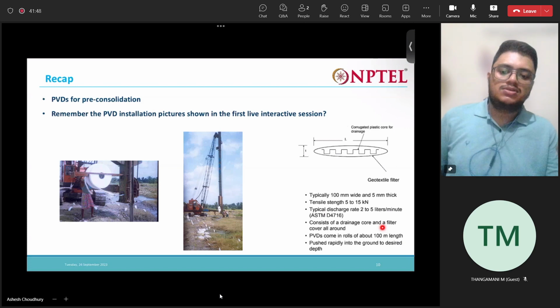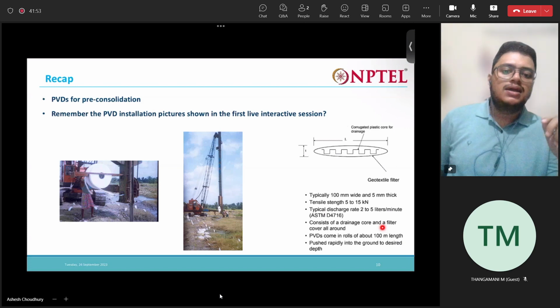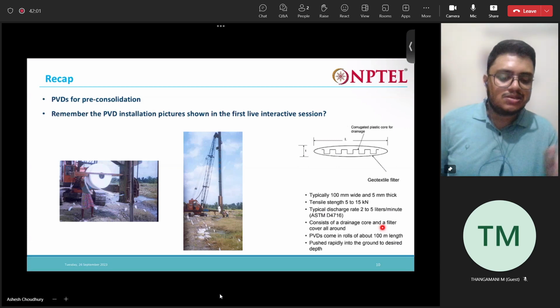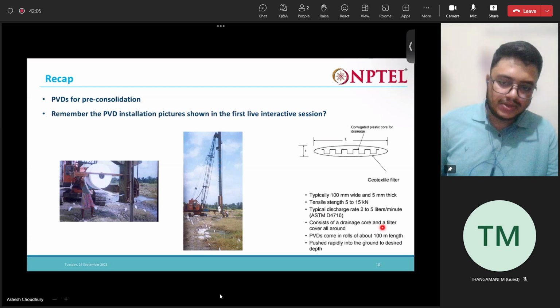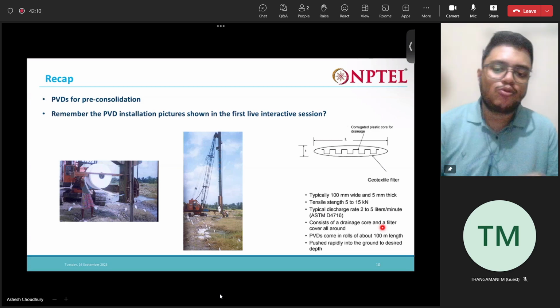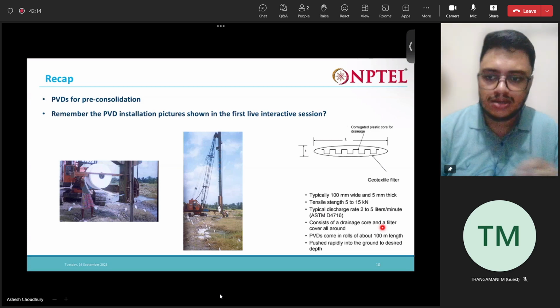With the help of geotextile and corrugated plastic, we manufacture a device which is both easier and faster to install, and more lasting, than sand drains.